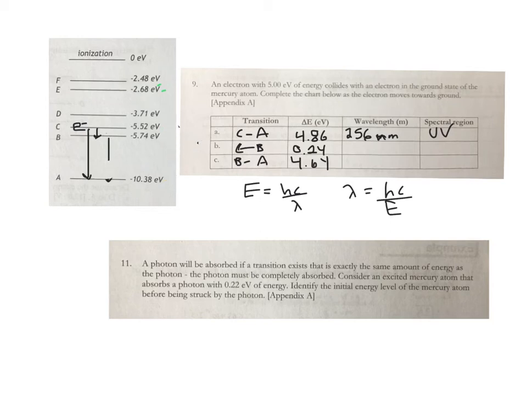So number 11 says a photon will be absorbed if a transition exists that is exactly the same amount of energy as that photon. So it's saying this photon's coming in. So here's a photon. It has 0.22 electron volts of energy, and it's completely absorbed.